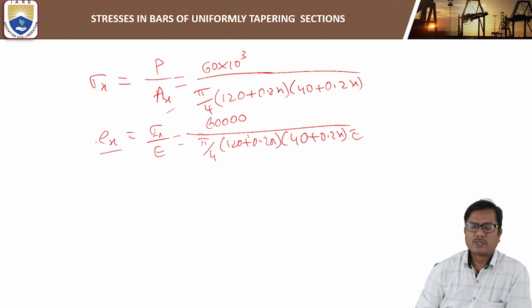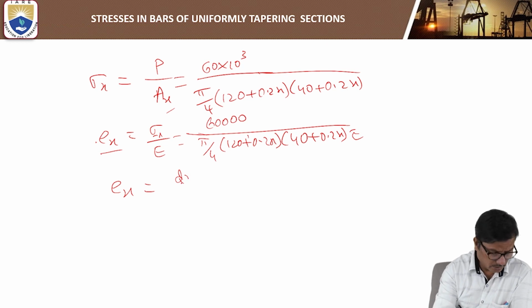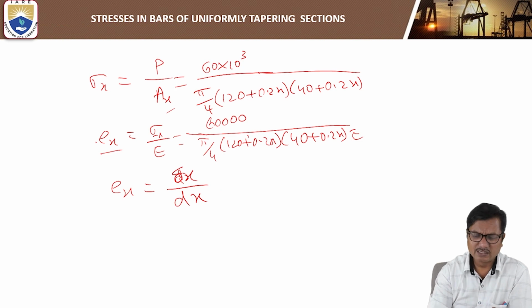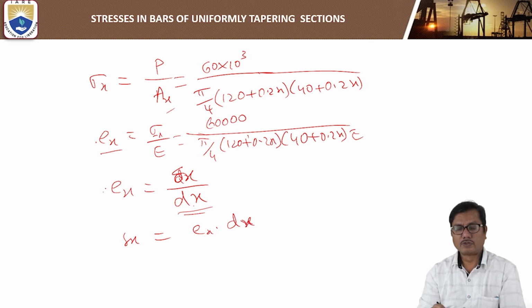Now, you know what is strain? Change in length of the element, that is delta x, divided by the original length. What is the length of the elementary strip? dx. So the change in length is epsilon x into dx.